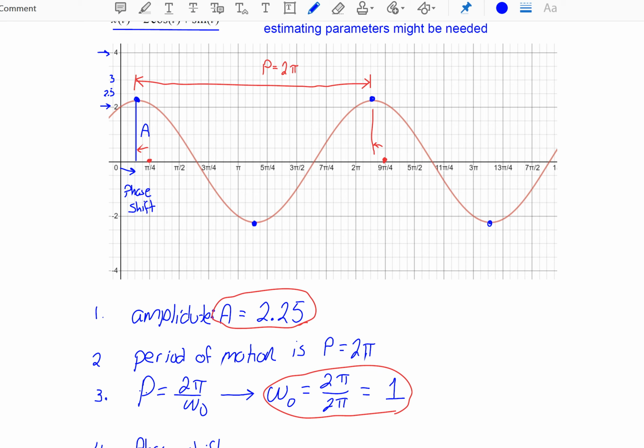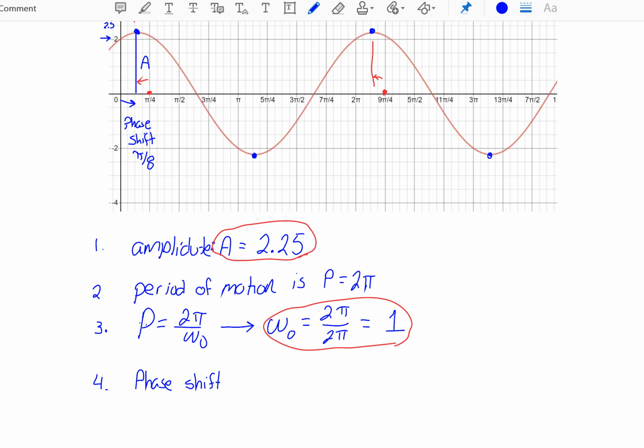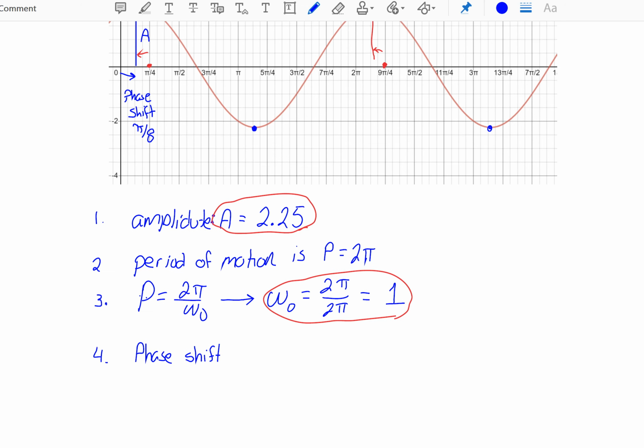And it looks like it's half of pi over 4, which is pi over 8. Now this is not our phase angle though, but it is our phase shift. And I should probably say it's negative pi over 8, because remember when your phase shift is negative, it moves it to the right.